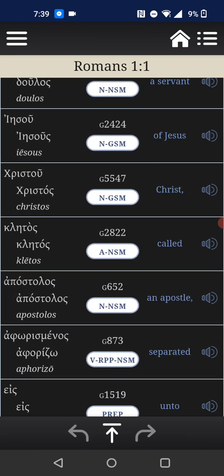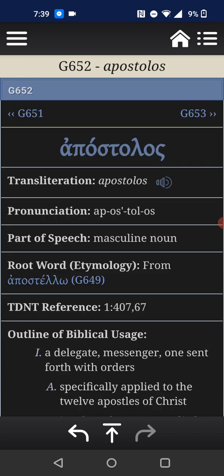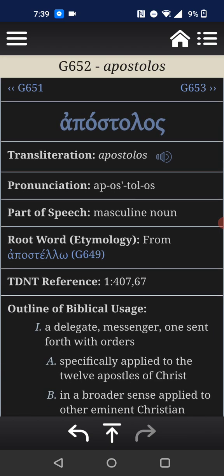If you ever want to look into something, you just go to Blue Letter Bible and pull it up. This is the easiest way to do it.